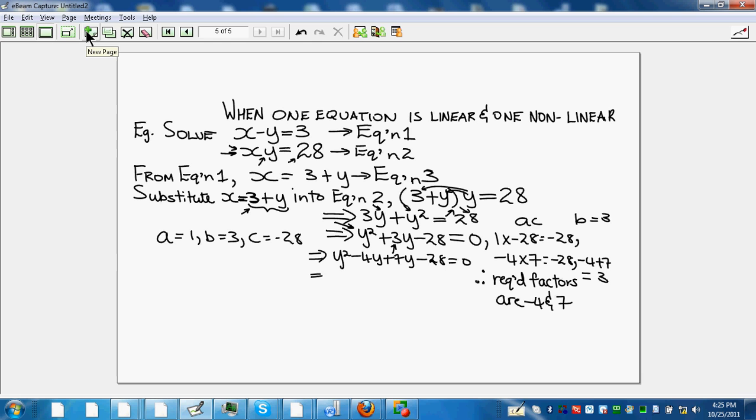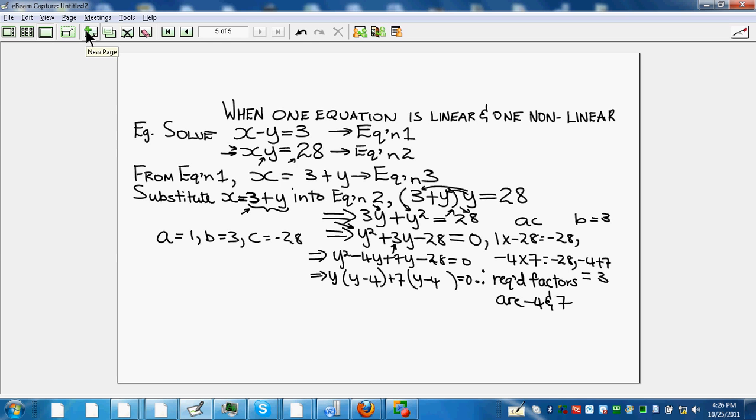Then I'll factorize by grouping. So I'll take out y from the first pair and I'll get y minus 4. And I'll take out plus 7 from the second pair in order to get y minus 4, and that will be equal to 0.